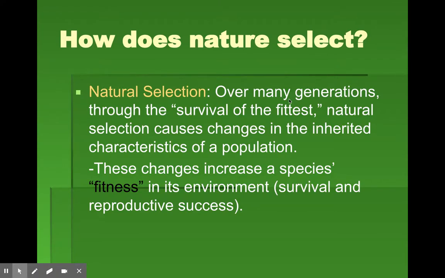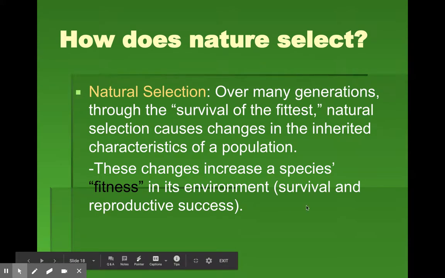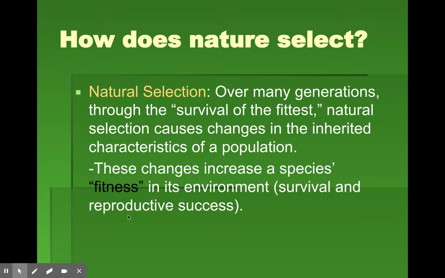So over many generations, through this idea of survival of the fittest, natural selection causes changes in the inherited characteristics of a population. So hopefully, these changes increase a species' fitness in the environment. So remember, fitness means survival and reproductive success. Fitness does not mean being the fastest or the strongest.